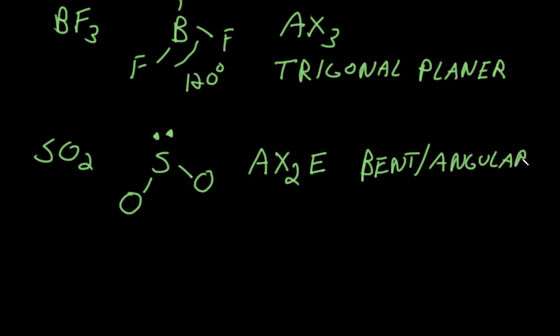What's nice about the AXE method is that it really shows you I have two bonding pairs, and then one unshared pair of electrons.